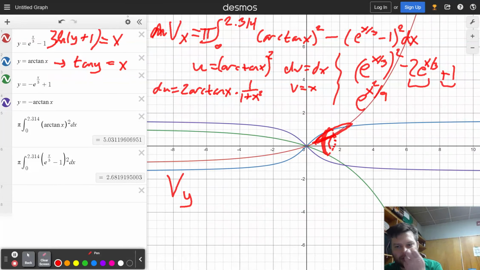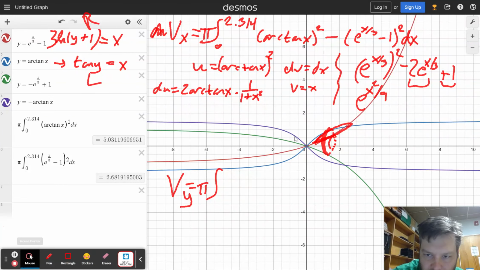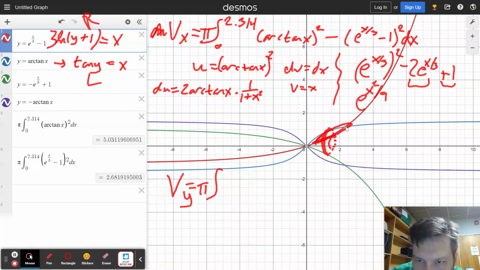And when we did the rotation around the x-axis, we did the outer minus the inner. So now we're having the y-axis as our center, still further minus closer. So it's the right function minus the left function. And so this function on top is on the right, and this function on bottom is on the left. And so our Vy, our volume y, is going to be, one other piece I need is that point of intersection.